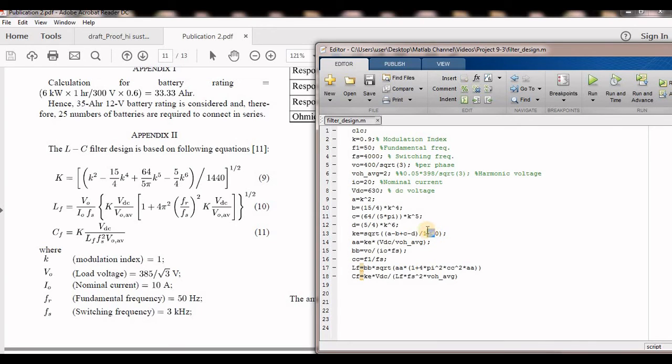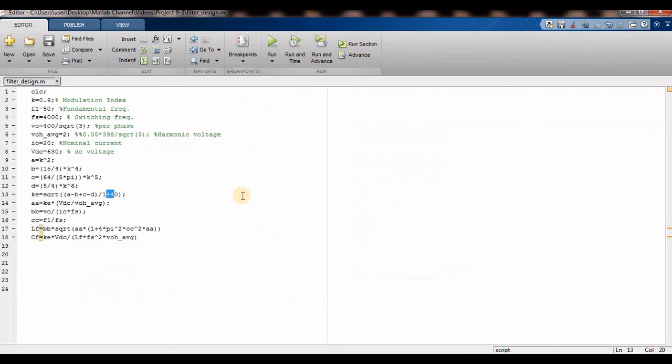This 1440 is the constant. You can refer to reference 11, which I already took.